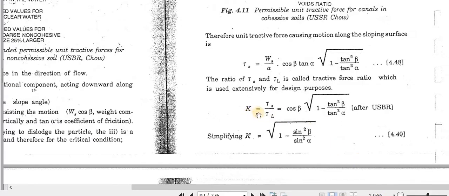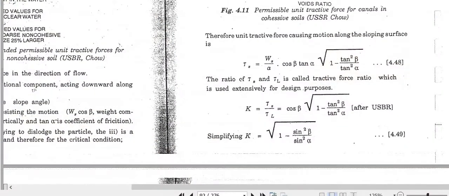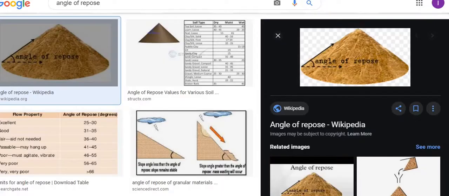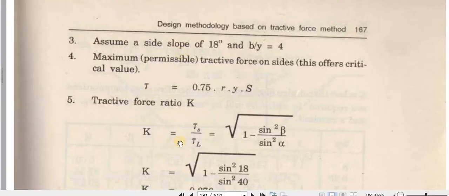K is equal to TS over TL, that is equal to cos beta times the square root of 1 minus tan square beta over tan square alpha. Or K is equal to TS over TL, that is equal to the square root of 1 minus sin square beta over sin square alpha.